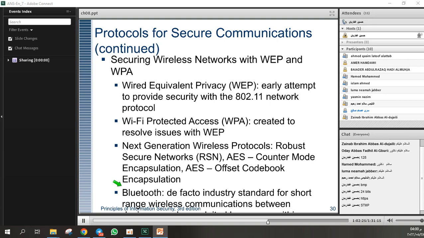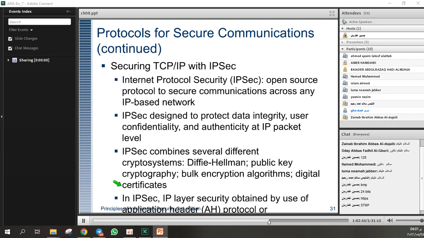But if you are afraid of your communication being exploited, you need to add some security protocols over your communication. So if I wrap up, I can say that wireless networks are not secure. We must add extra protocols to secure them. Why? Because they are wireless. The problem is with their nature. They are wireless.